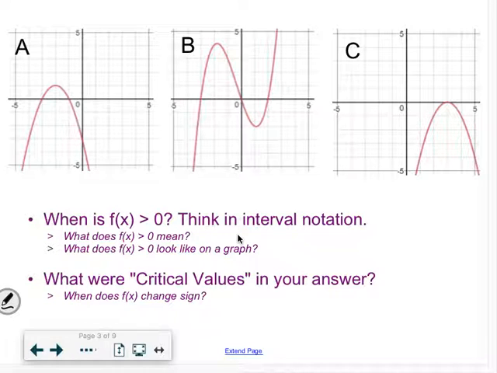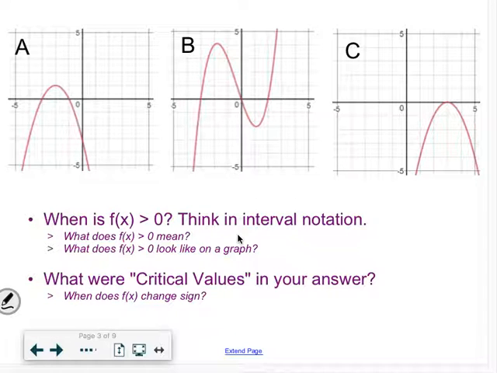Negative 3 to 0. And C would be, it's just like right there. So we don't have to put anything down on it.